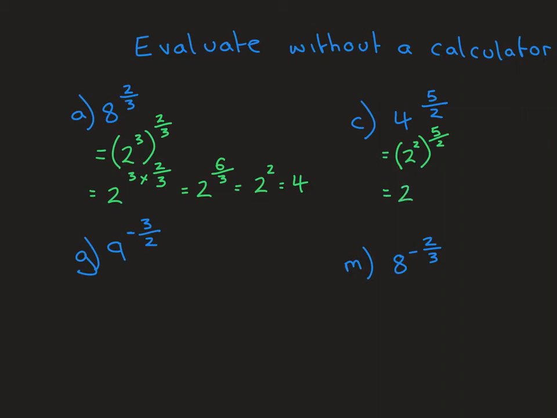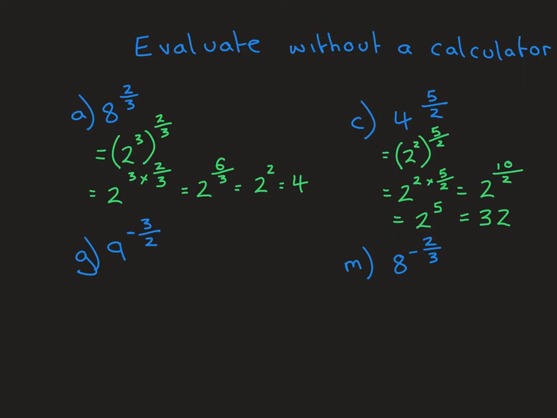So that's going to equal 2 to the power of 2 times 5 over 2, which is going to be equal to 2 to the power of 10 over 2, which is equal to 2 to the power of 5. So then when we've got 2 to the power of 5, that is equal to 32, okay? Because 2 times 2 times 2 times 2 times 2, 5 times, is equal to 32.